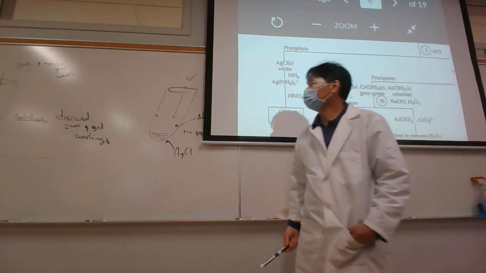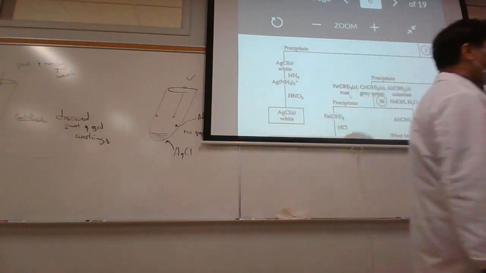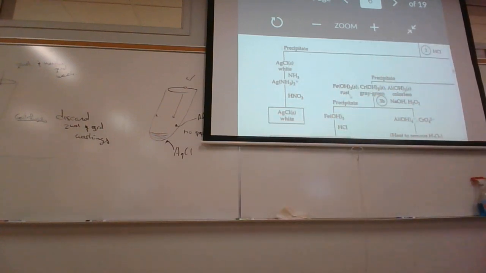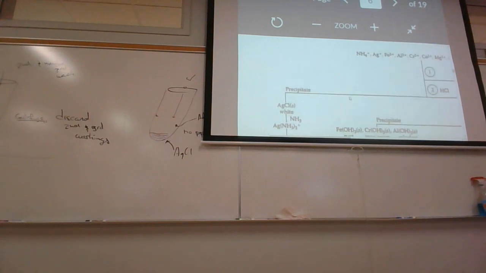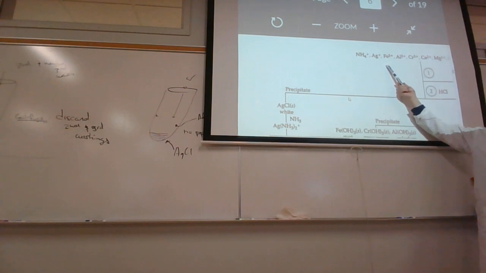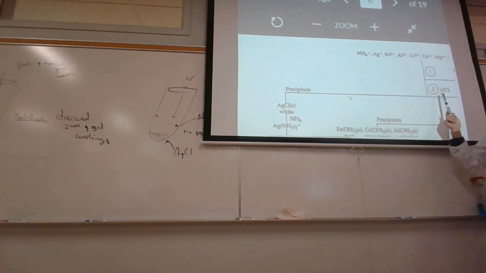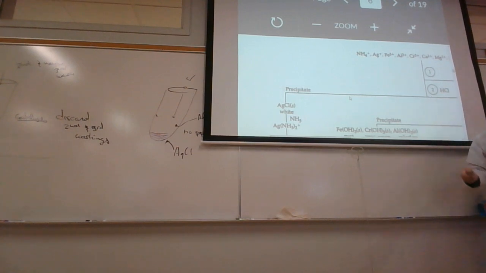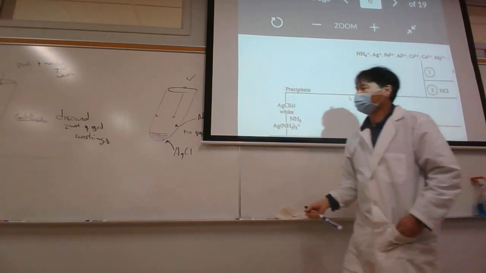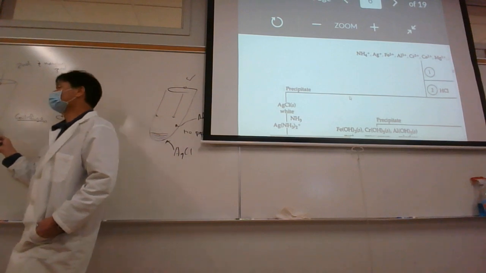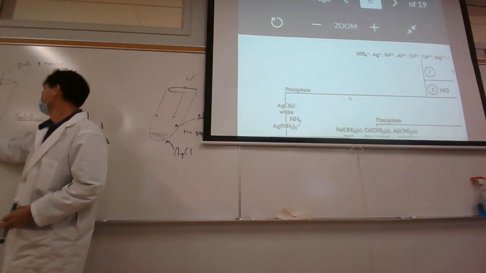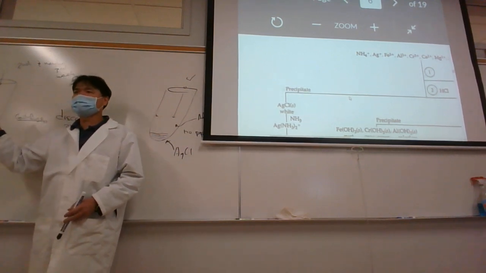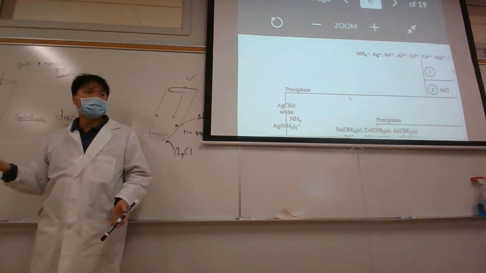Now for your unknown, let me talk about the procedure. Let's say your unknown didn't have any silver ion, and the procedure calls for adding 20 drops of HCl. After 1 drop, you notice there was no precipitate. 2 drops, no precipitate. 3 drops, no precipitate.